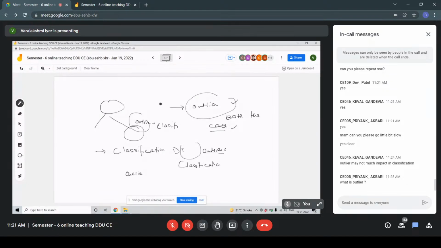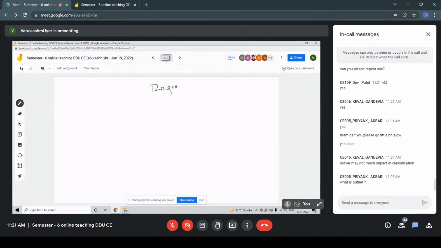But in the case of a regression problem, the leaf node that we are creating in the decision tree is actually the average of values.